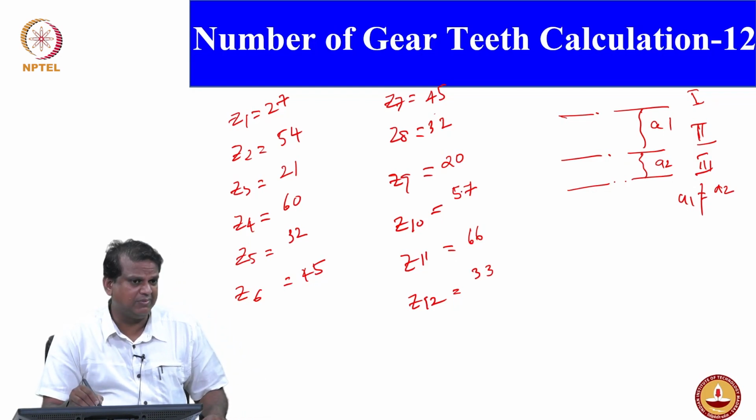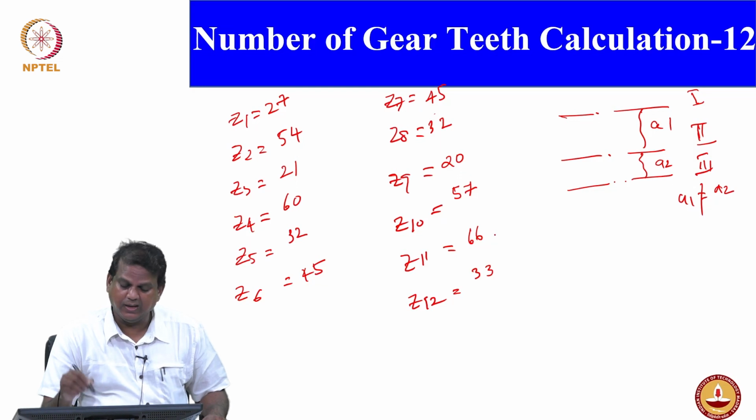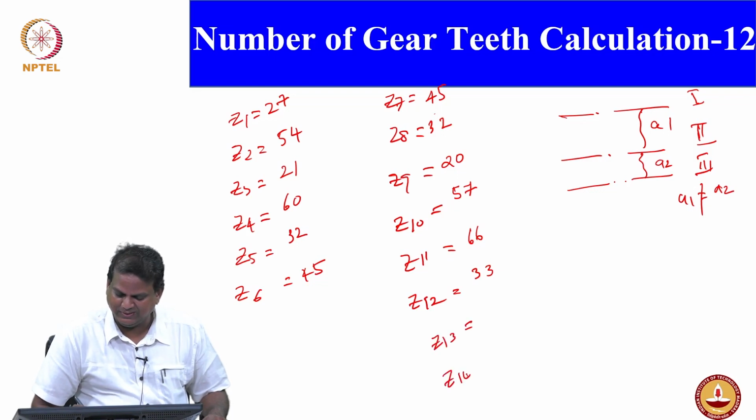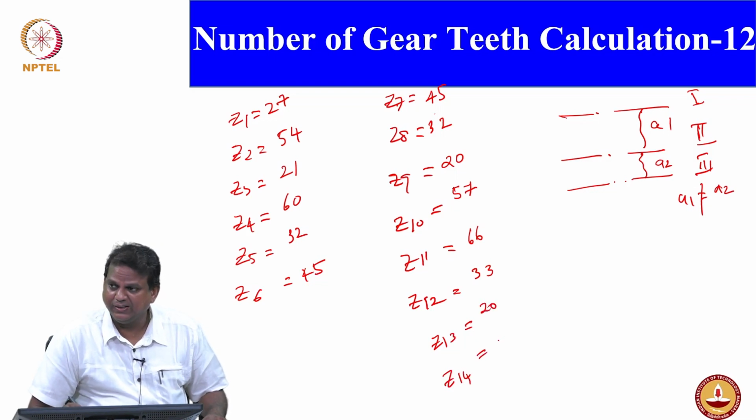Is 20, 57 correct? No, should be 99, right? Yeah, 13, 14, yeah, that is what I am feeling. Something I am missing here. 13 and 14. What is the 13? 20. And 14 will be 17.